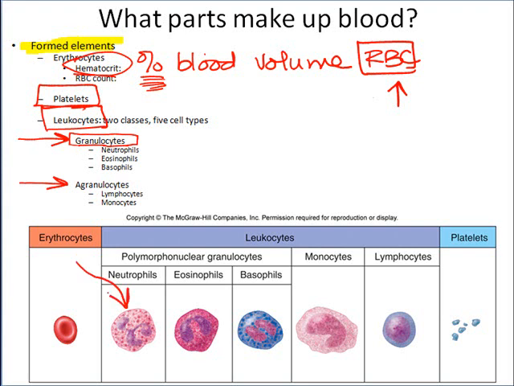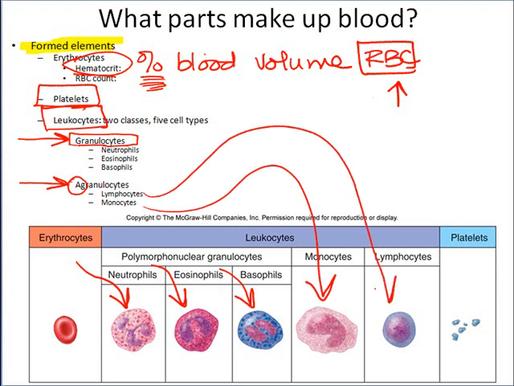They include the neutrophils, the eosinophils, the basophils. You'll learn more about these in lab. The agranulocytes mean not grainy cells. These are cells where the cytoplasm appears pretty clear, relatively speaking. These include the monocytes and the lymphocytes.